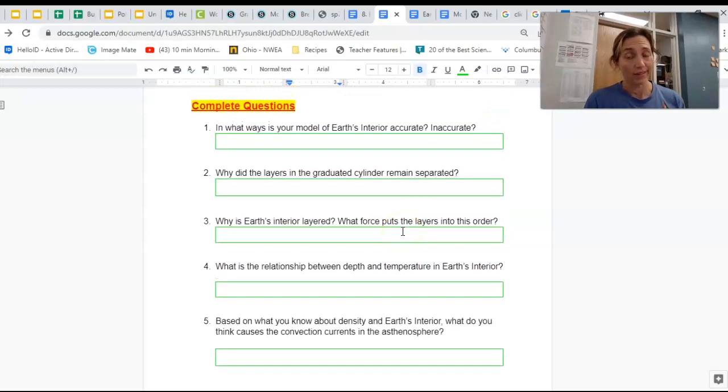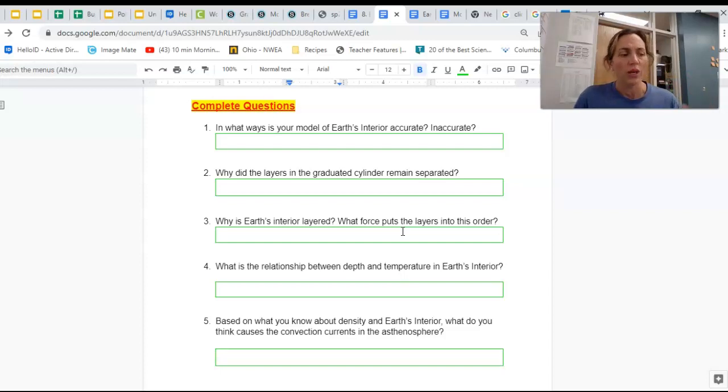I cut them back. I only give you 5. And I would like you to go ahead. You can work with your team. You can use whatever information you have. Number 1, in what ways is your model of Earth's interior accurate or inaccurate? This is a thought question. What do you think?